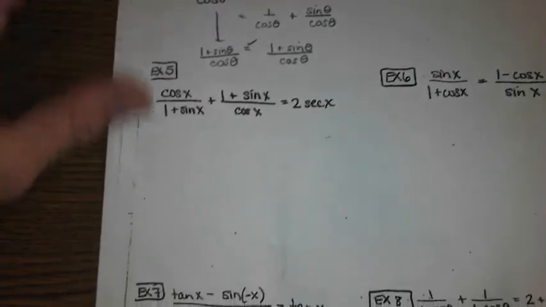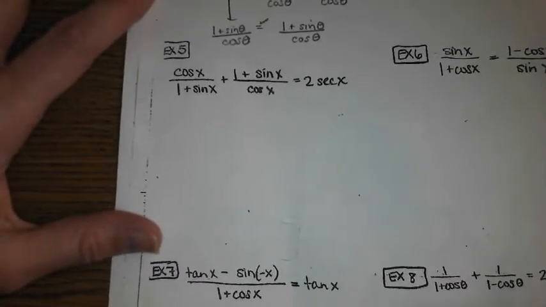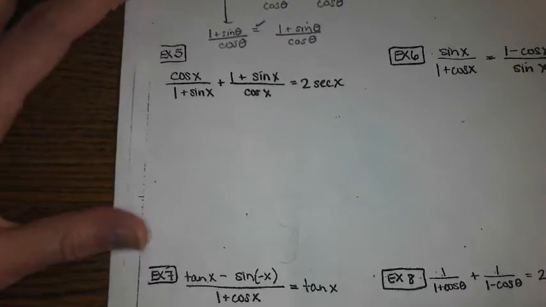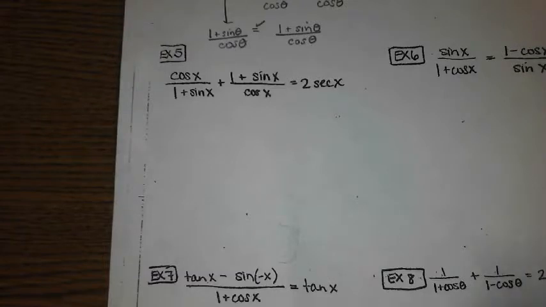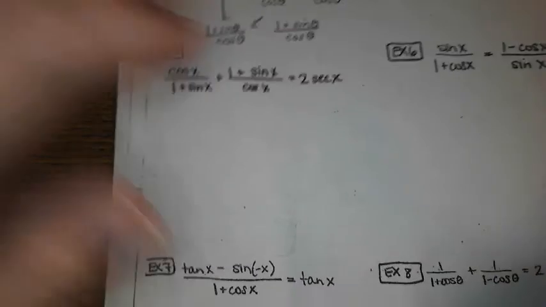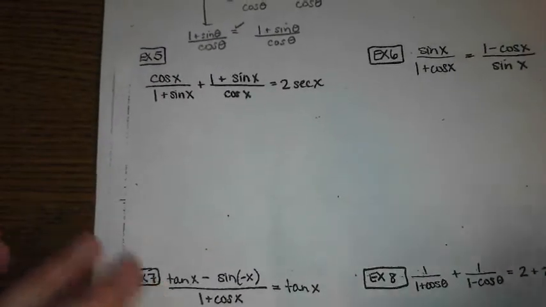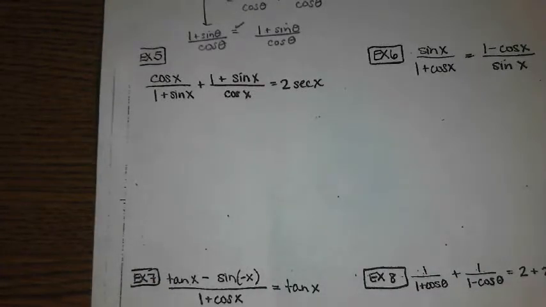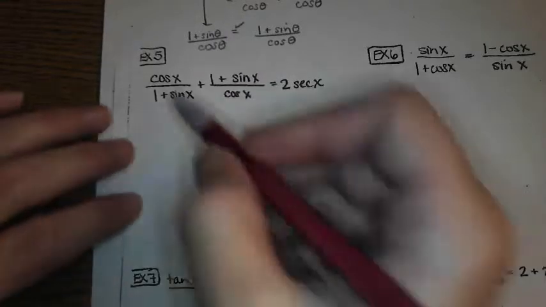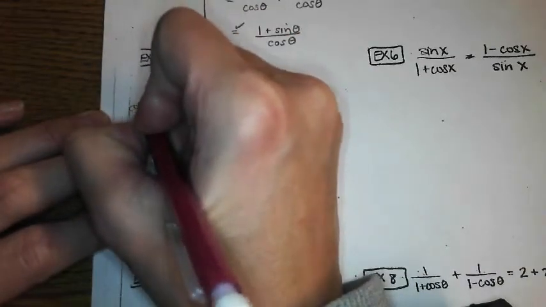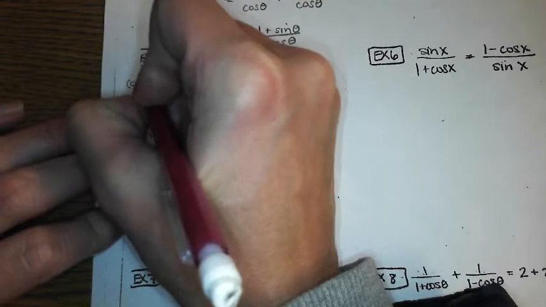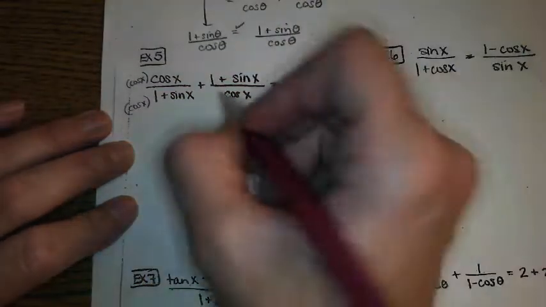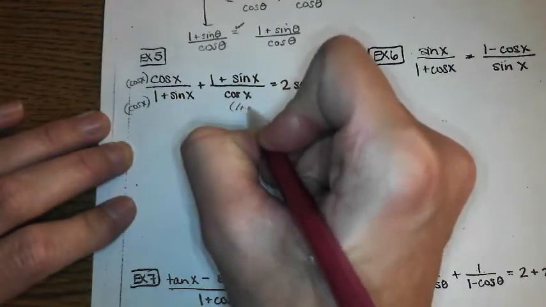Okay, on exercise 5, one thing I can do, and this is where they get a little bit more challenging, is take a peek at those denominators. I could attempt to get a common denominator on the left-hand side. So this one would need a cosine x. I don't know if it's going to work, but I'm going to try it. This one would need a 1 plus sine x.